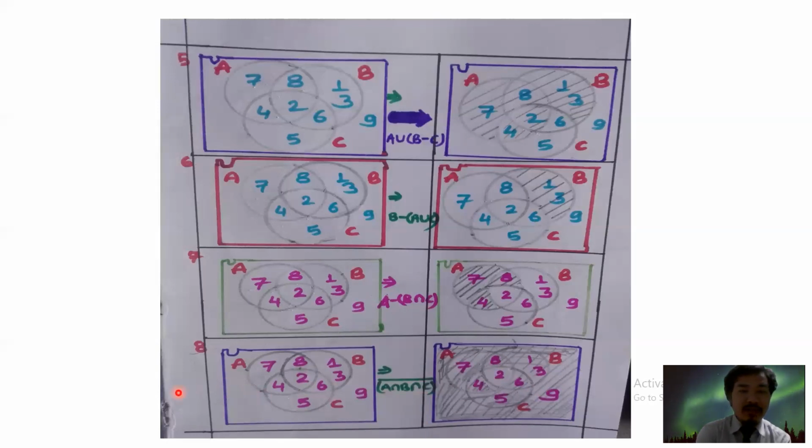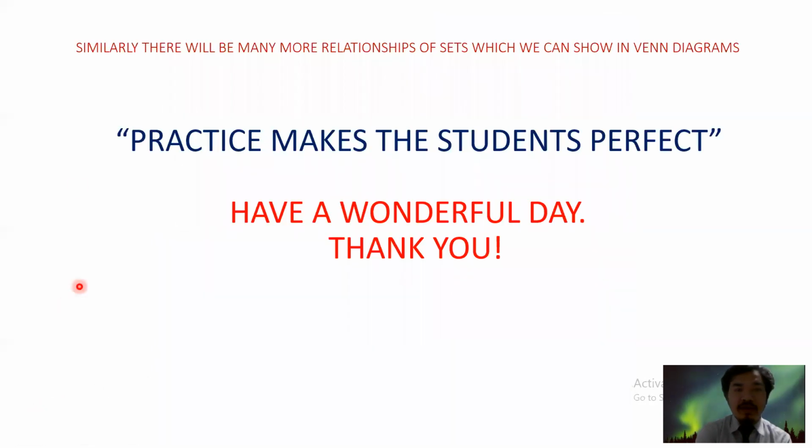Now let's move to the next slide. Here I have written that similarly there will be many more relationships of sets which we can show in a Venn diagram. When you solve, you can put the values also there.